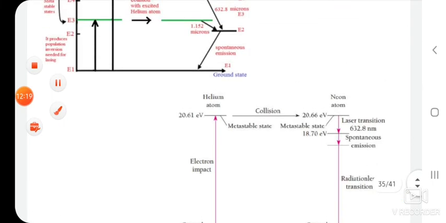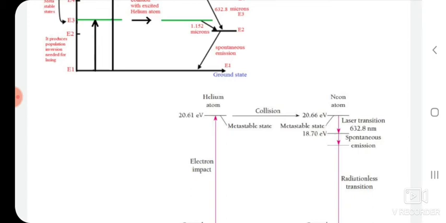So the characteristics of He-Ne laser: it is a relatively low power device with an output in the visible red portion of the spectra. The most common wavelength produced by He-Ne laser is 632.8 nanometer, although lower power infrared wavelength can be produced if desired.